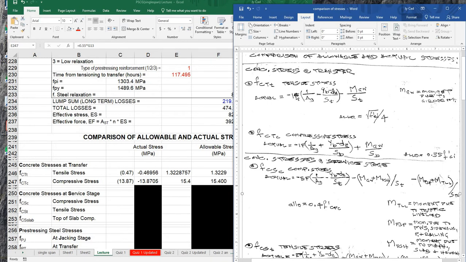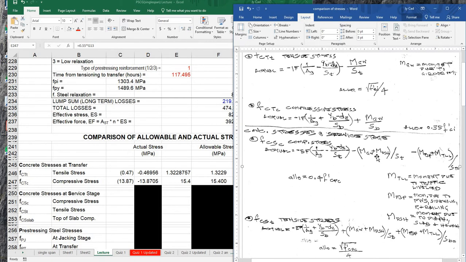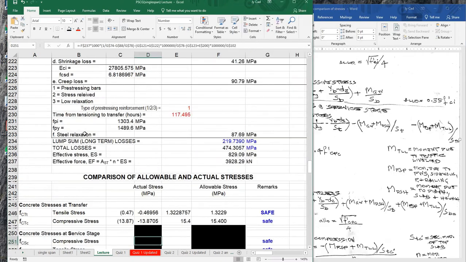Okay? Take note that it has 1 all over area gross, then YB minus D2 all over section modulus top. And then, the girder weight is added with the moment due to SLL. MDSLL. What is that? Oops, sorry.